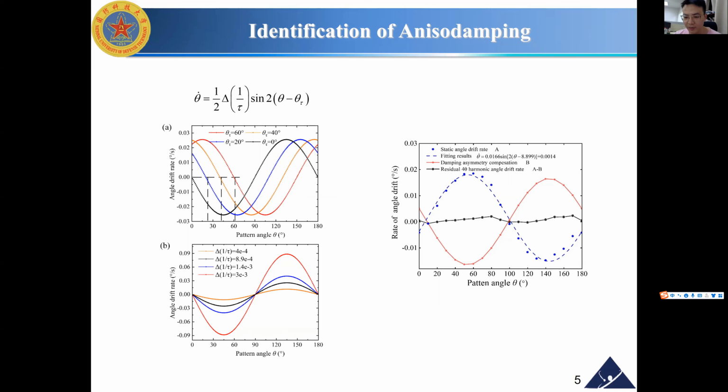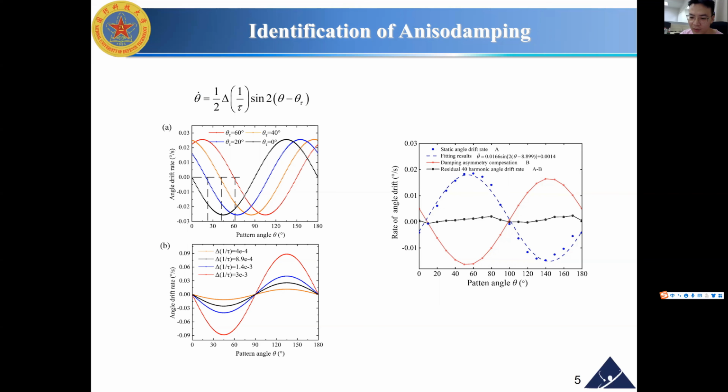The parameters theta tau and delta 1 divided tau can be identified from the amplitude and the phase of the angle drift rate curves. Afterwards, the experimental results are fitted to identify the amplitude alpha and phase beta, which represent the parameters delta 1 divided tau and the theta tau respectively.